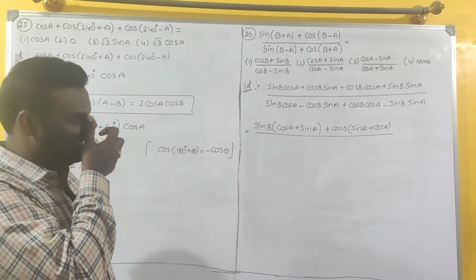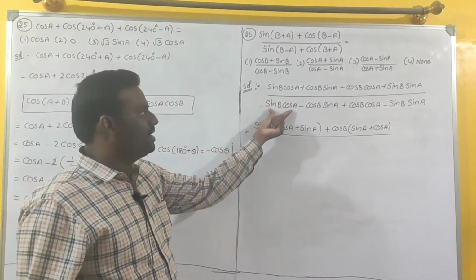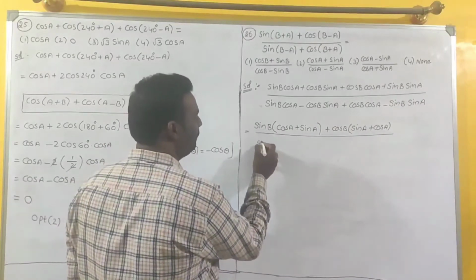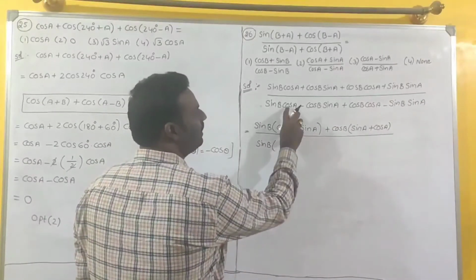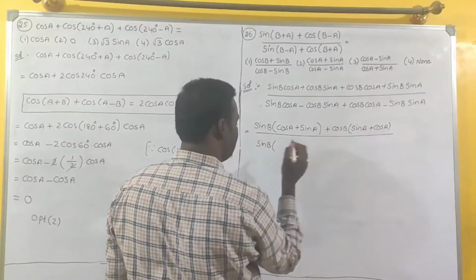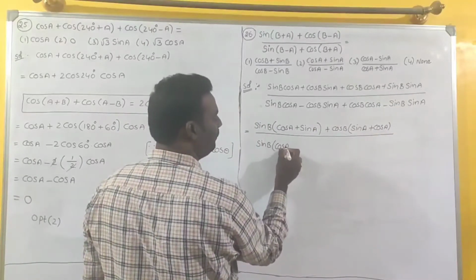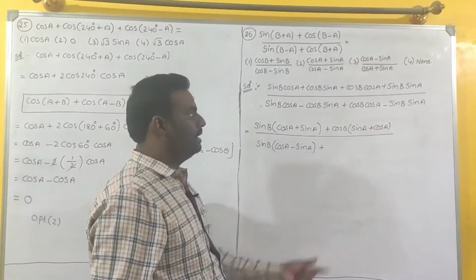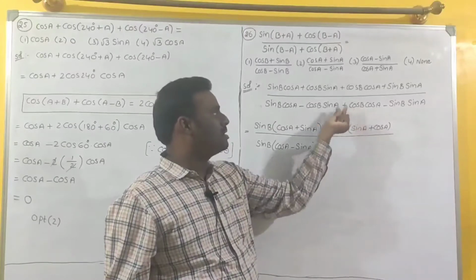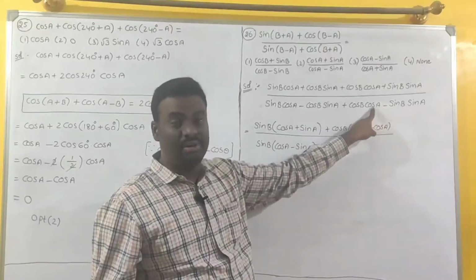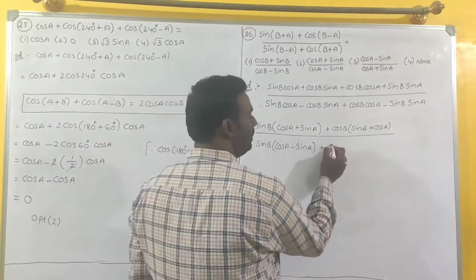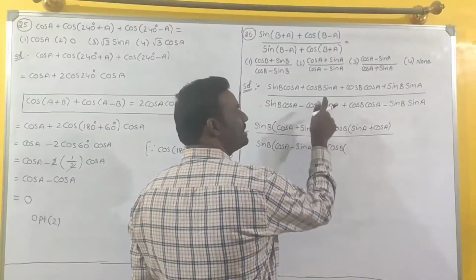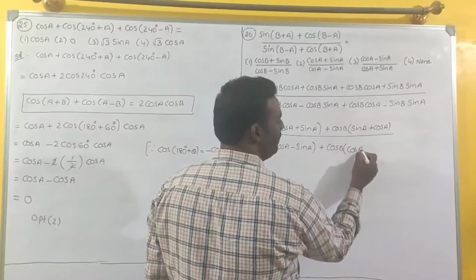In the denominator, I can take from the first and last, again which is common? Sin B common. Then what is remaining? Cos A minus sin A. In these two terms, I can take cos B common. First I am writing the positive value, next the negative value. If you take cos B common, then what is remaining? Cos A minus sin A. First positive value, next negative value.